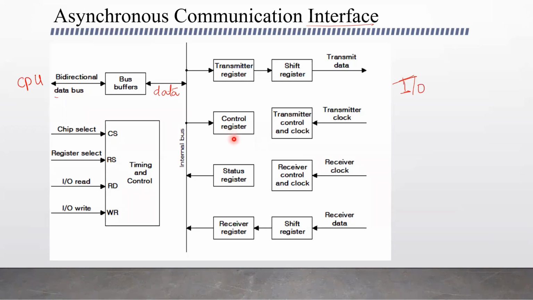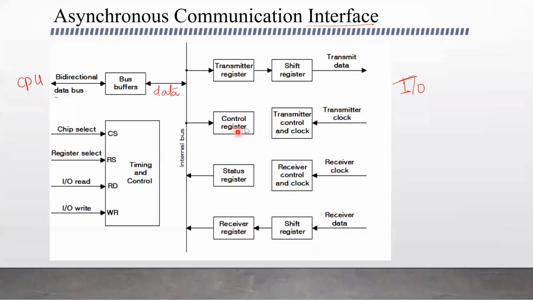And we have this control register that controls the operations by determining the mode of operation. The mode of operation is determined by the control word in the control register. The control word is placed by the CPU in the control register.